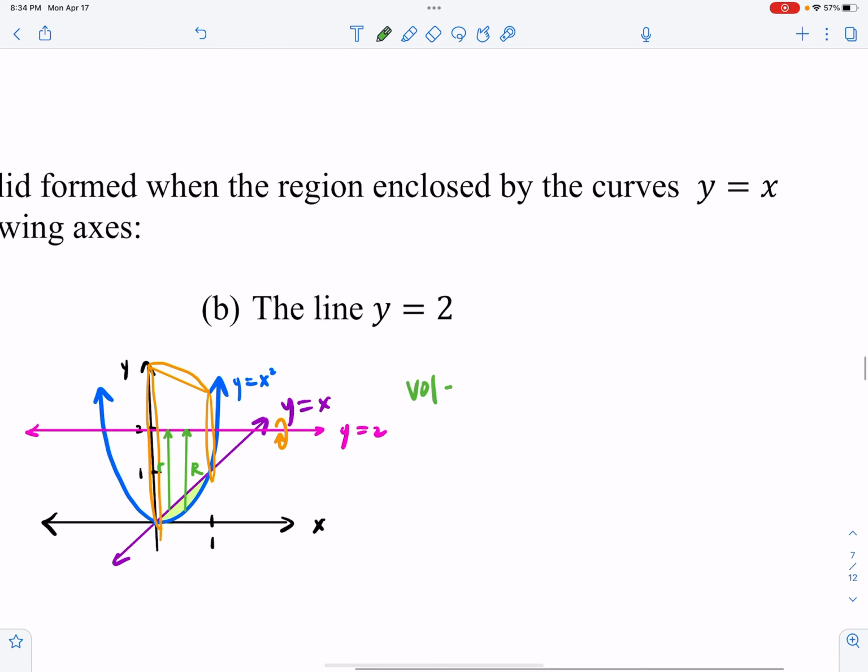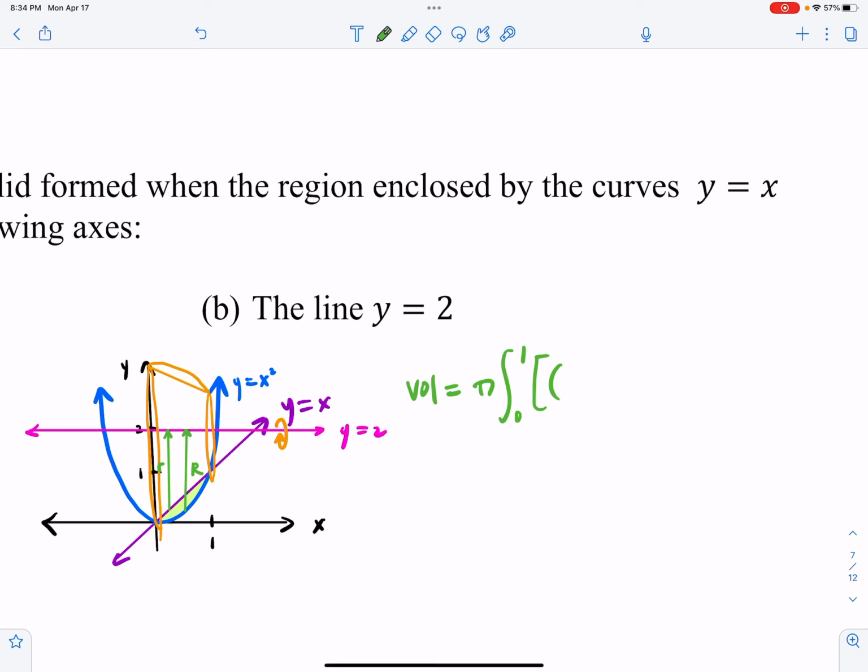So volume will be pi times the integral from 0 to 1. We still have slices, vertical slices, right? Perpendicular to y equals 2, or perpendicular to the x-axis. So from 0 to 1 of big R squared.